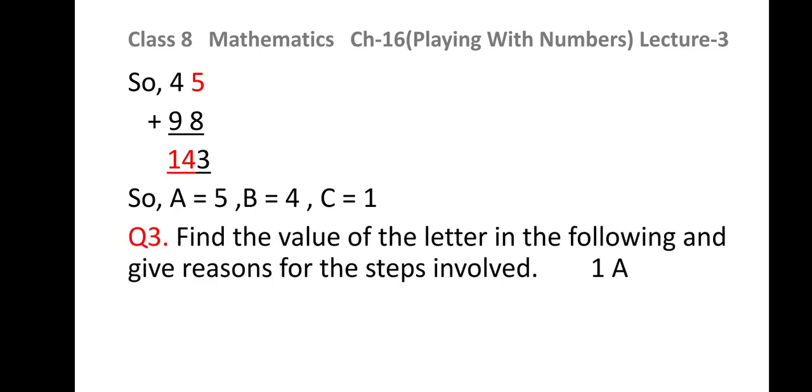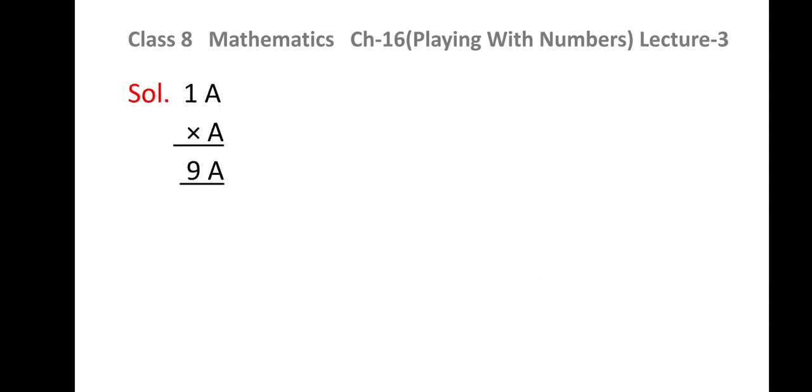Now coming to question number 3, the question says we need to find the value of A and write the steps involved. Here, if we look at the unit column, A into A should be equal to A. There are two possibilities only. If I multiply 1 into 1, it gives 1.